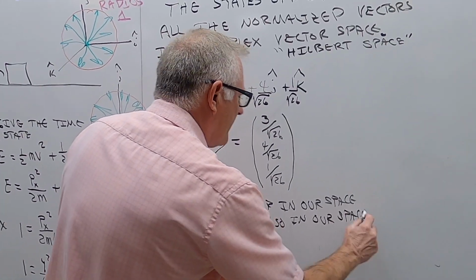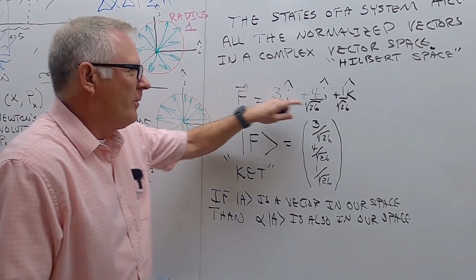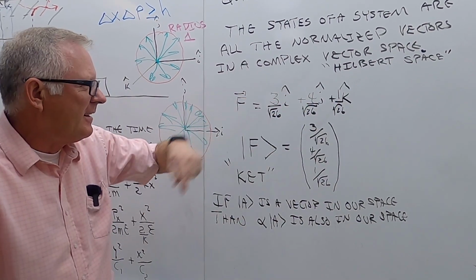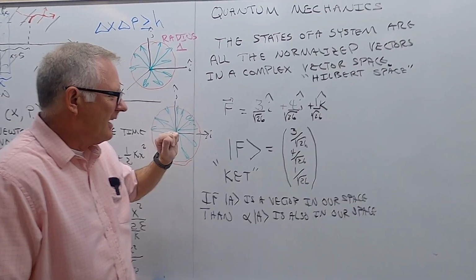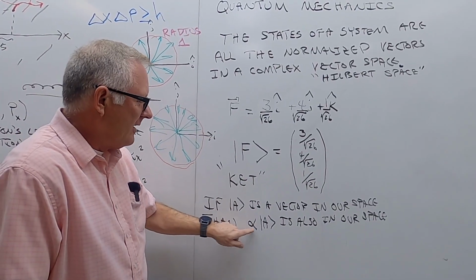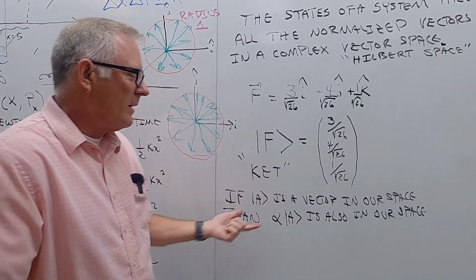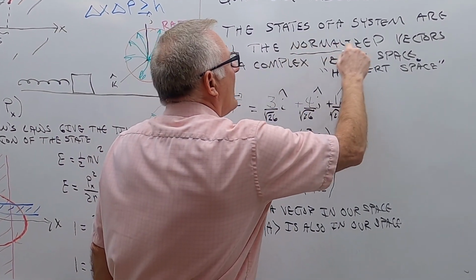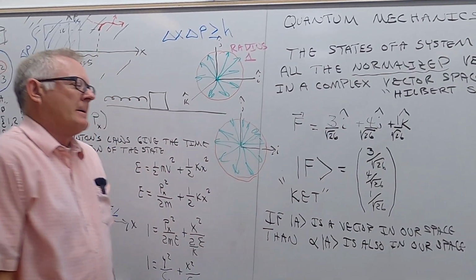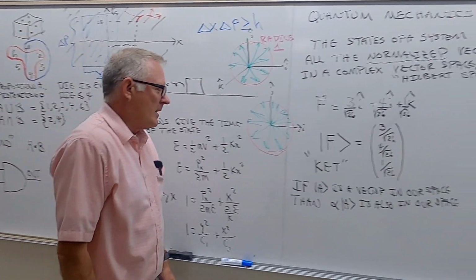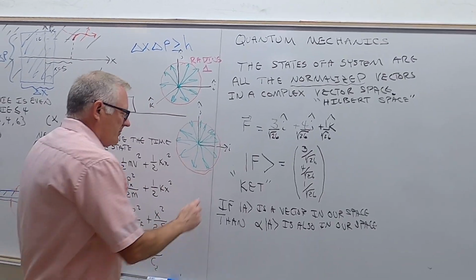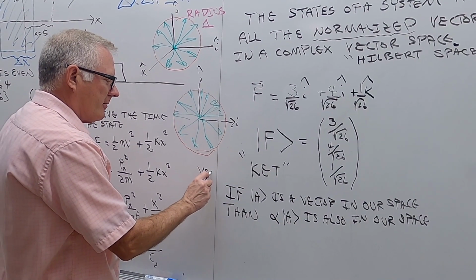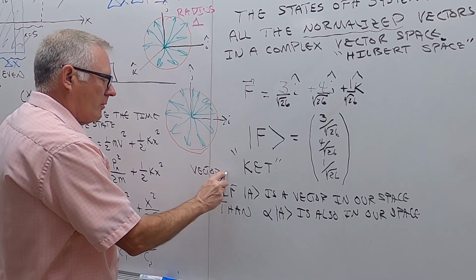Which is good because, remember, before we normalized this, that was in the space, and then we multiplied it by 1 over the square root of 26. That's still in the space, so that allows me to always normalize it. Remember, we always want to work with normalized vectors. So that's one vector rule.